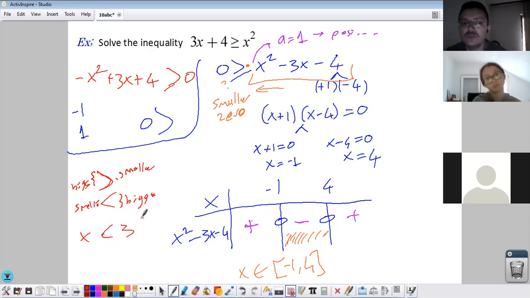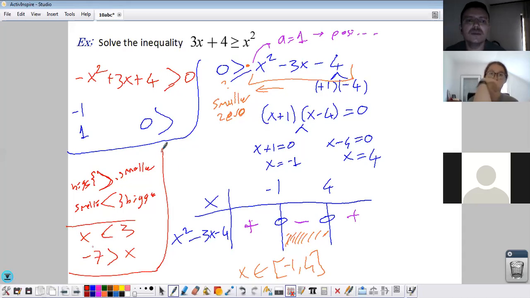Then from right to left, 3 bigger than x. If you have something like this, read from left to right, 7 smaller than x. From right to left, x bigger than minus 7. So it doesn't matter where x is. You can read it in any way. Or let's change this sign and make it inverse. Then minus 7 bigger than x, or x smaller than minus 7.